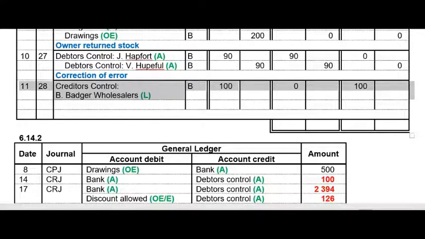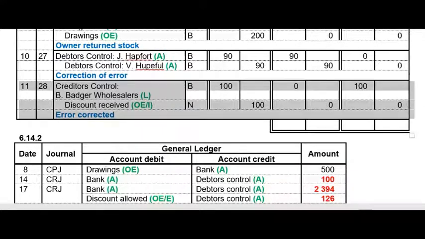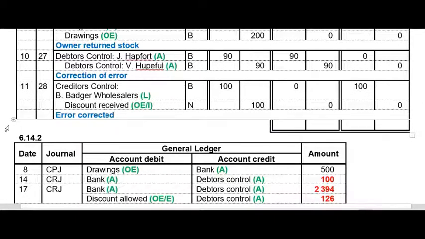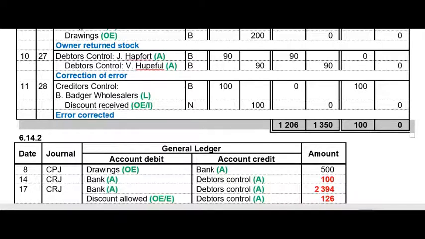Okay, and we must credit discount received, which is an owner's equity income account, because we received more discount than we originally recorded. And you say error corrected or correction of error, it doesn't really matter either way. And then right at the end, remember to total your debtors control and creditors control columns.